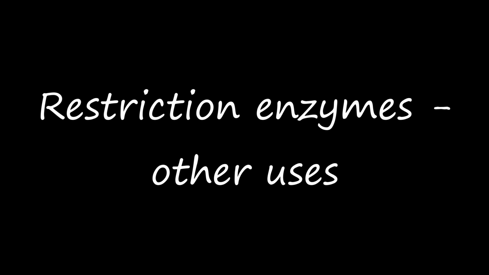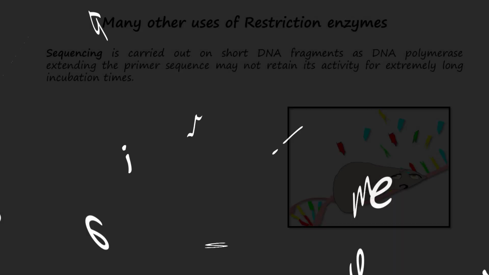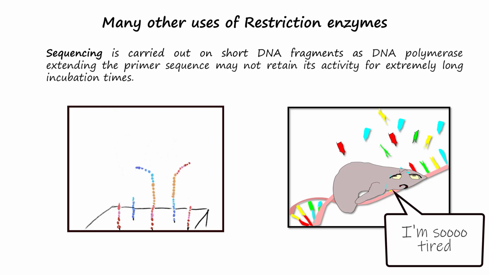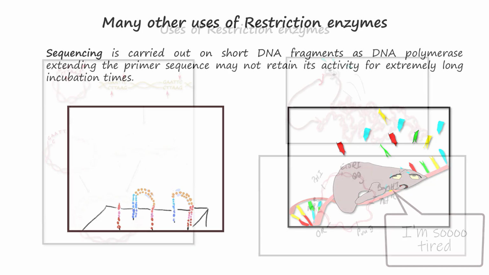Since the initial use in mapping, restriction enzymes have been used for many other purposes. Sequencing is carried out on DNA cut into short fragments as DNA polymerase, which extends the primer, may not retain its activity when incubation is prolonged.